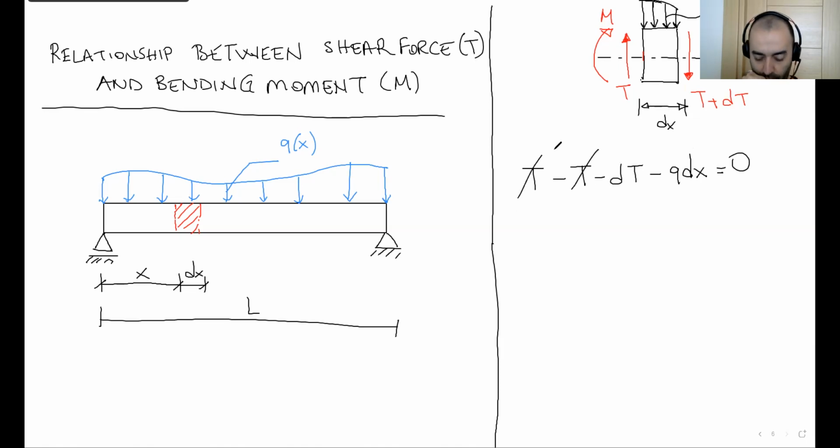At the end of the day, dT over dx equals minus q.